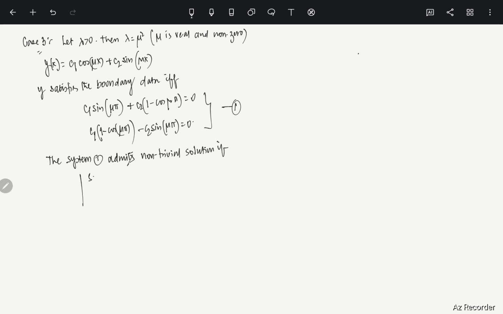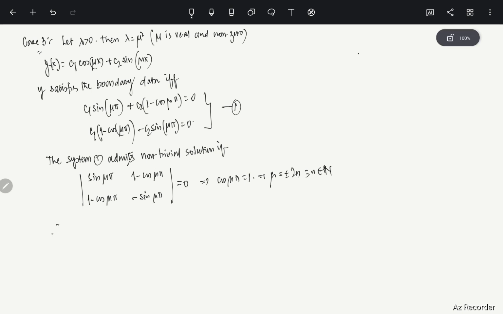What is the determinant? Sine of mu pi, 1 minus cosine mu pi, and 1 minus cosine mu pi, minus sine of mu pi, is going to be 0. That will imply that cosine of mu pi has to equal 1, which will imply that mu has to equal plus or minus 2n. Is it okay? So n is in N.